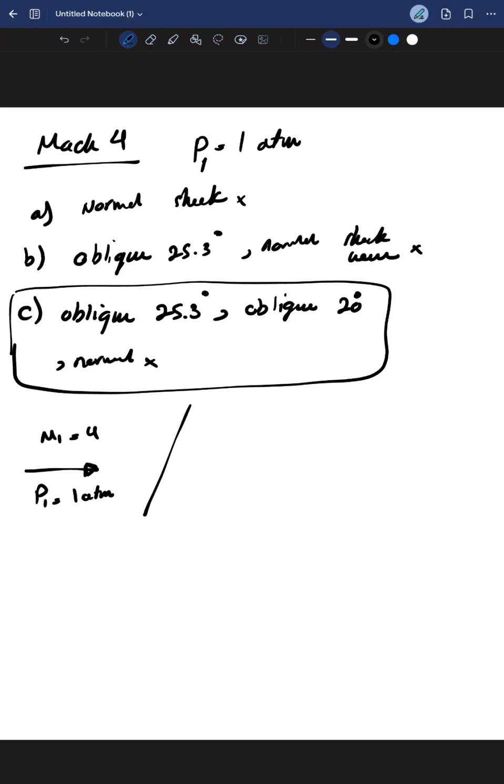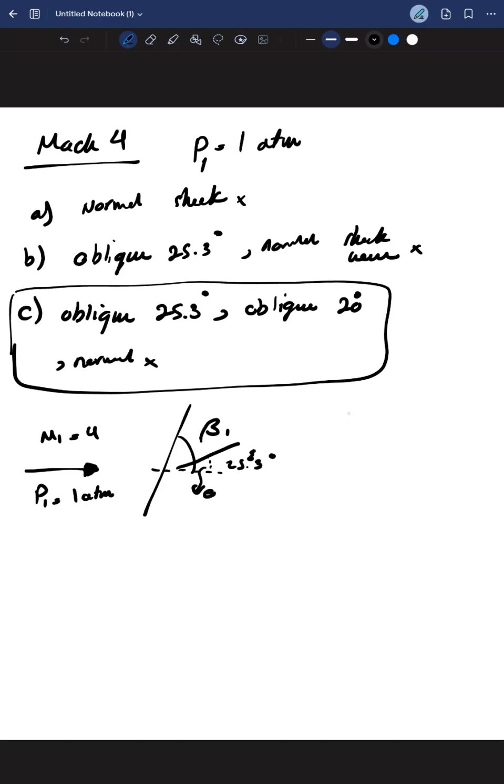We don't really have a surface here, but it essentially means that your flow is deflected by 25.3 degrees after the shock. So this is your theta. The shock angle is different though. Let's call this beta, the shock angle 1.